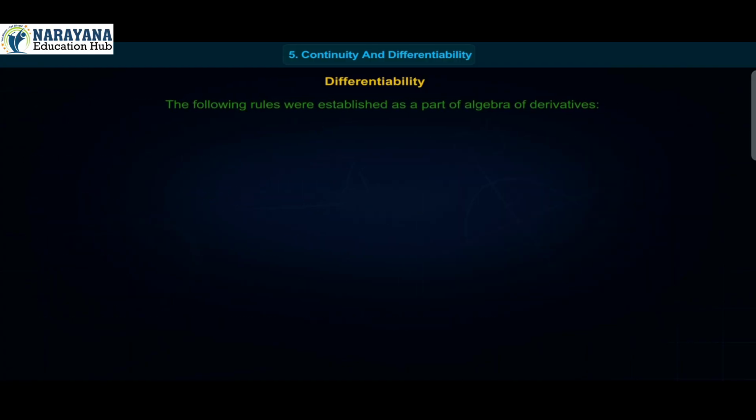The following rules were established as a part of algebra of derivatives. Number 1. (u ± v)' = u' ± v'. Number 2. (uv)' = u'v + uv', which is Leibniz or product rule.